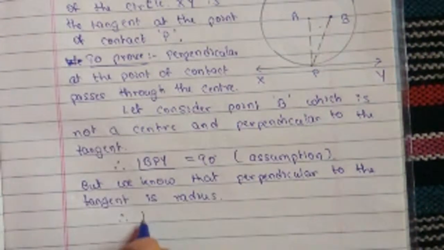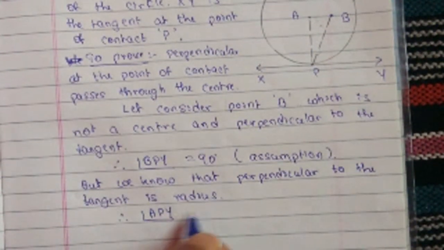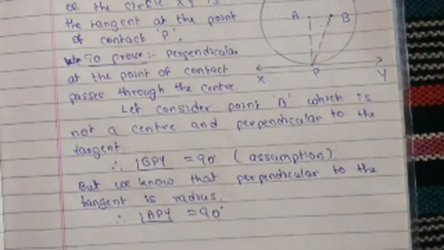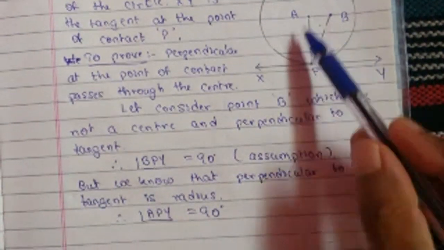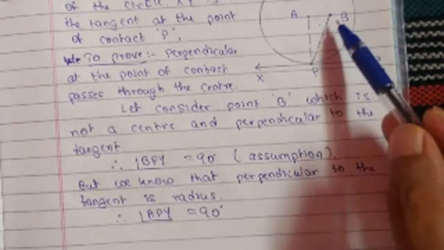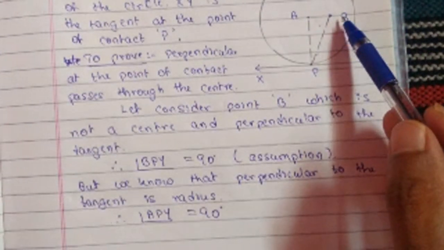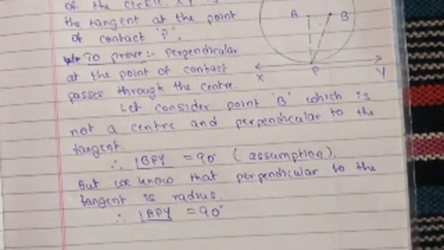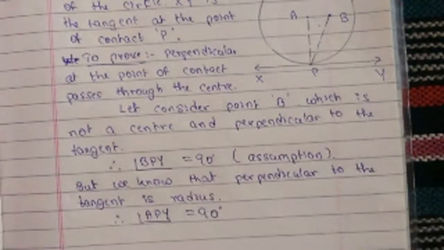Therefore, angle APY equals 90 degrees. That is because of the theorem, and angle BPY equals 90 degrees because of the assumption.